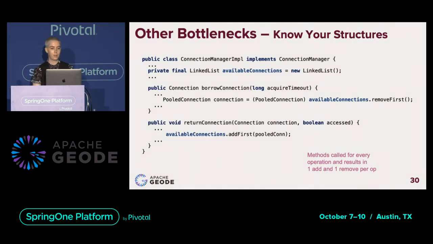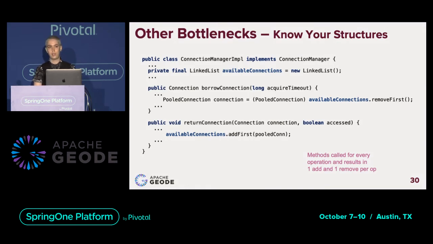Another bottleneck I want to talk about is knowing your structures. In this example, we are using a linked list, and linked lists require that nodes be allocated and destroyed for each call to borrow connection and return connection. This is looking at an older implementation of the connection pool, which is a hot path.